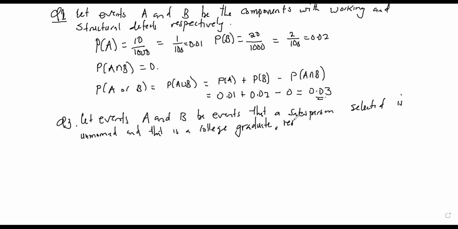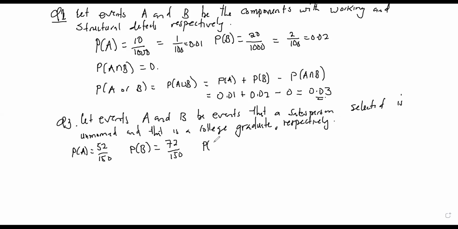Okay, so we're doing this respectively. The probability of being unmarried is 52 out of 150. The probability of being a student is 72 out of 150.